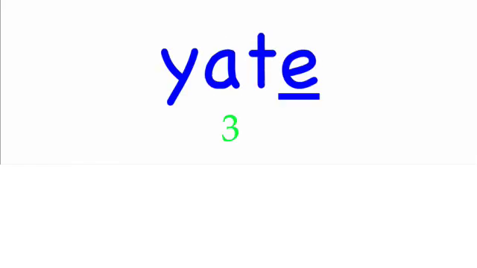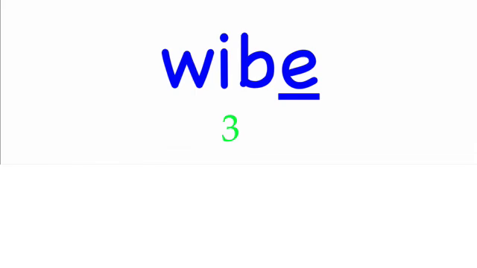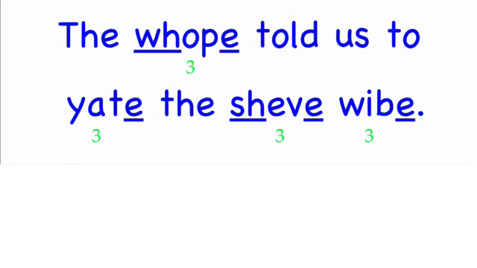Y, A, T. Yate. The sheave, three sounds. Sh, E, V. Sheave. Wibe, three sounds. W, I, B. Wibe. The wope told us to yate the sheave wibe.